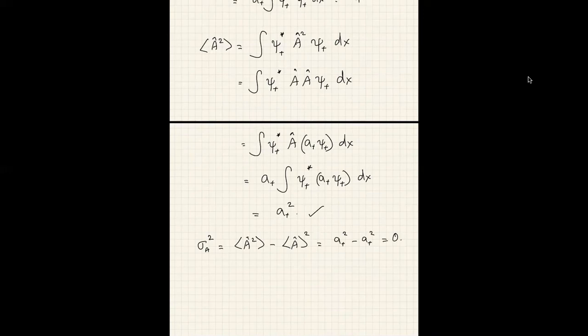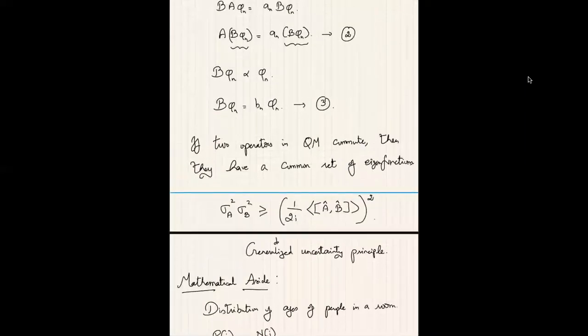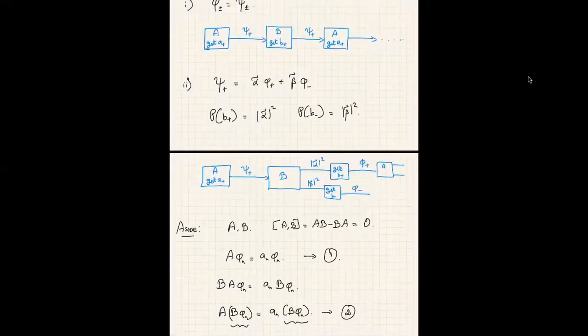So eigenstates have 0 spread. Suppose I prepare the system in some eigenstate of A, and I keep measuring it, I'll keep getting exactly the same value over and over again.